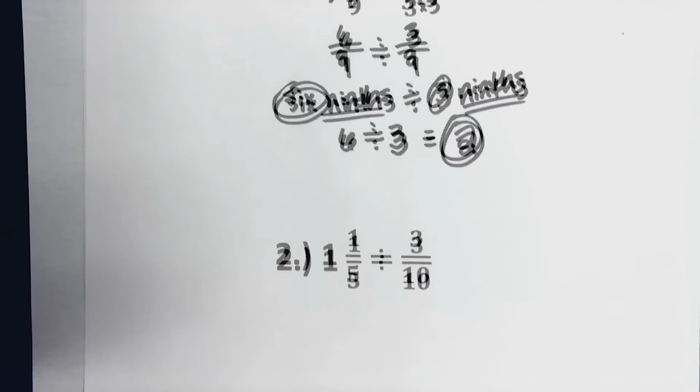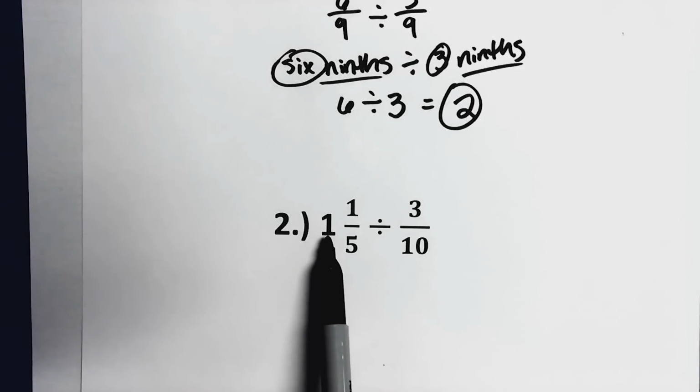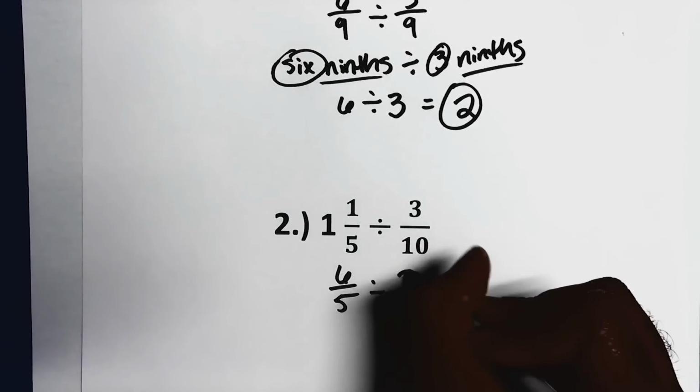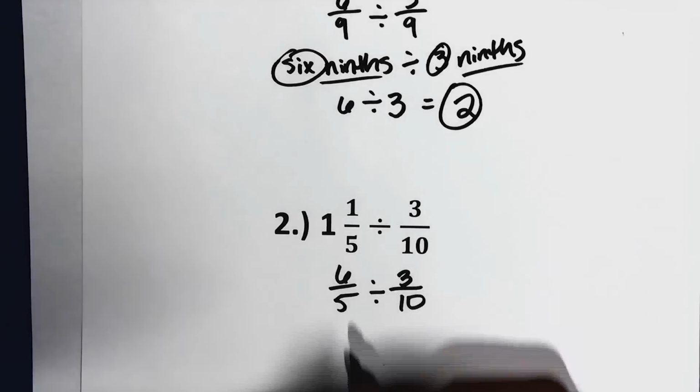Let's look at the next one. I know I can change my mixed number to an improper fraction. So I'm going to change this to 6 fifths divided by 3 tenths. My denominators aren't the same, so I want to make sure that I can change them. So I'm going to change my fifths to tenths by multiplying by 2.